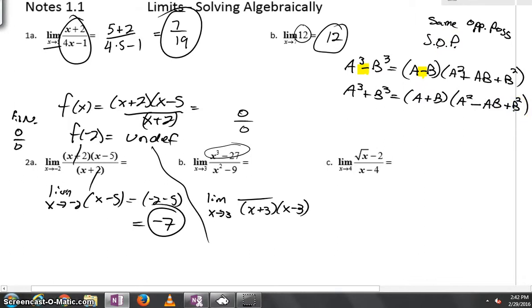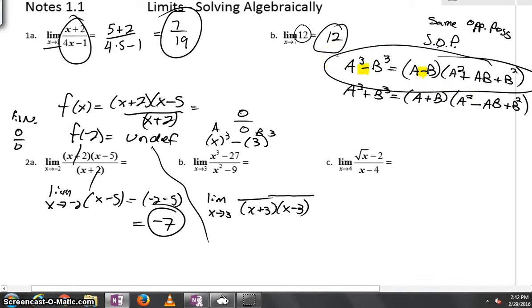Now, why do I bring that up? Well, you want to use that here because it's like x to the third minus 3 to the third. Your a is like your x, your b is pretty much represented by 3, right? So what would this factor into as we follow this formula up above? We get what?